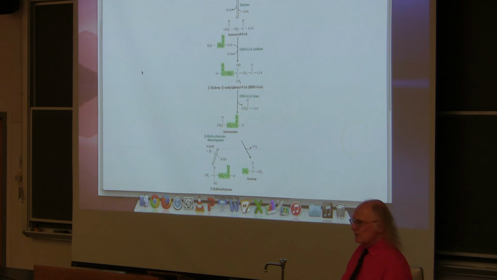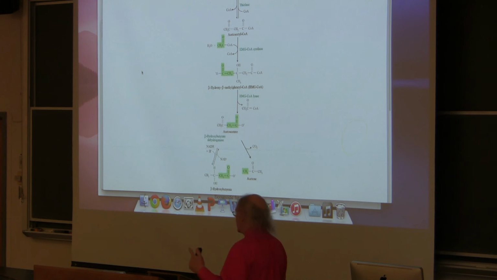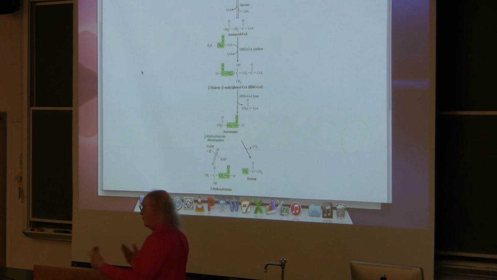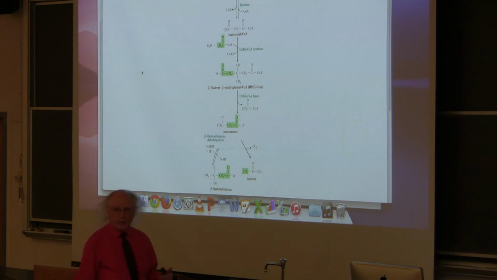Now, ketone bodies won't get made into glucose. In a sense, they're substituting energy-wise for glucose, but they won't make glucose. But they can be used by the brain and by the eyes, which is very important to keep going when you're not eating.